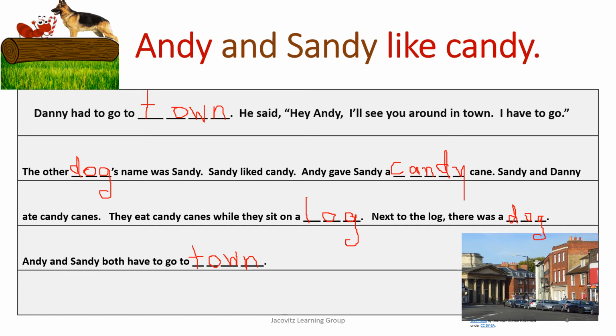He said, Andy, I'll see you around in town. I have to go. The other dog's name was Sandy. Sandy liked candy. Andy gave Sandy a candy cane. Sandy and Danny ate candy canes. They ate candy canes while sitting on a log. Next to the log there was a dog. Andy and Sandy both have to go to town.